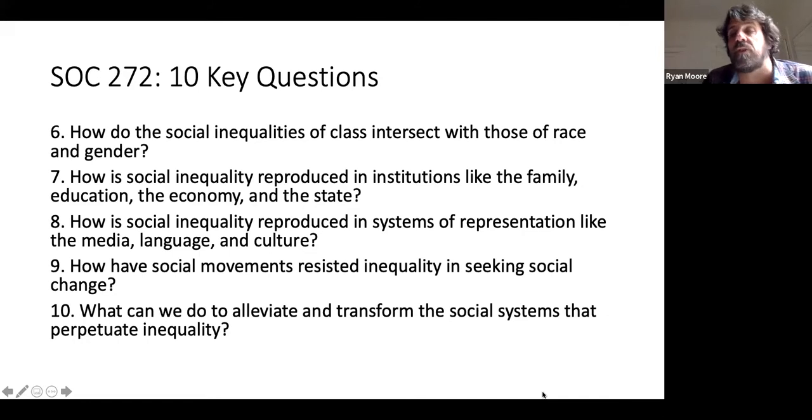The last two questions that we look at are the ones that, like I said on the first day of class, we try not to get too gloom and doom about things, and we try to remember that there are these movements, both historically and in the present, that have resisted these forms of inequality and that have made tangible, actual changes in the society.